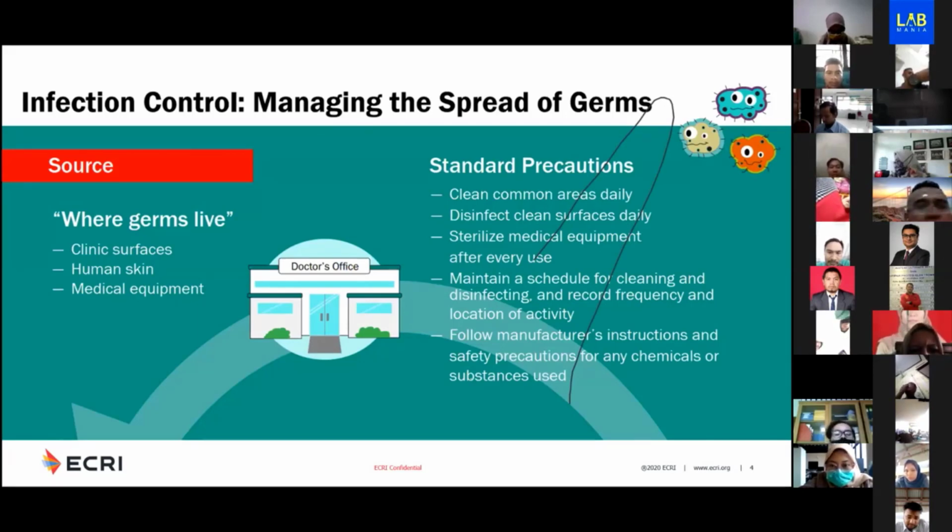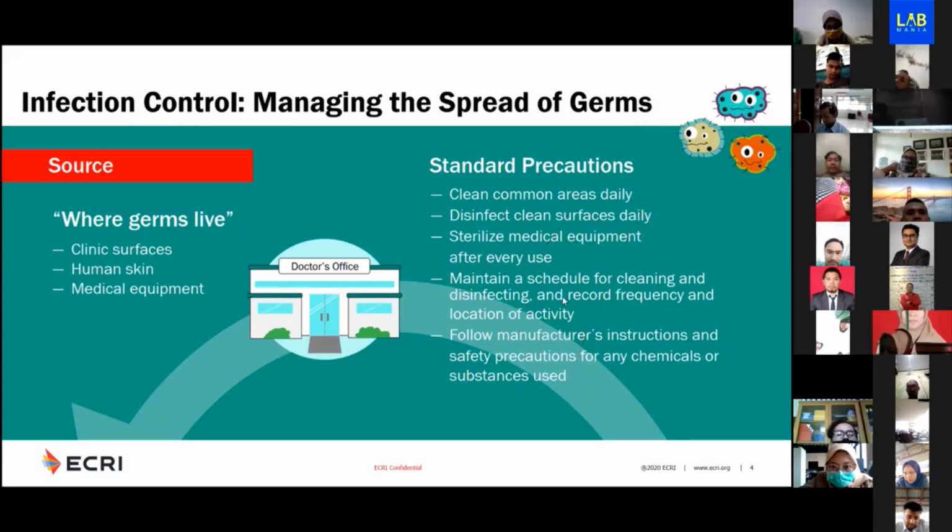So use standard precautions, and this precaution may be given by the hospital, may be provided by the manufacturer on how do we sterilize or clean medical equipment. Okay, so moving on, we also look at how often do you clean and disinfect.